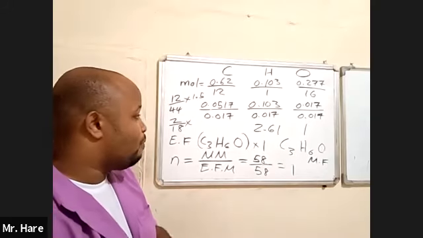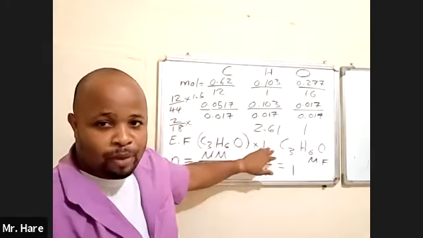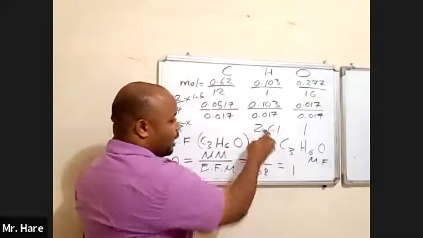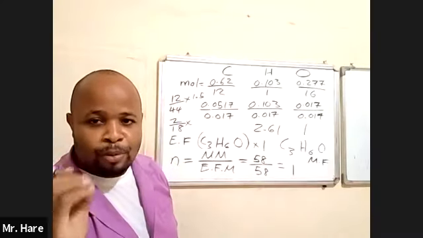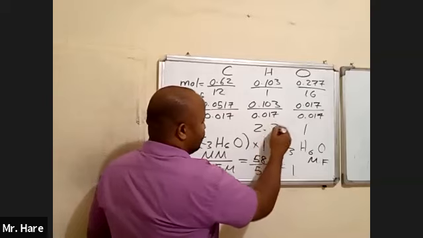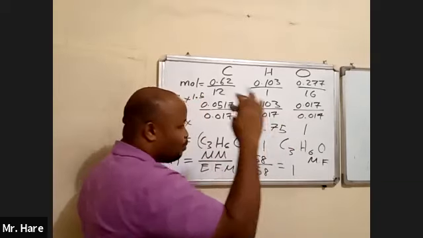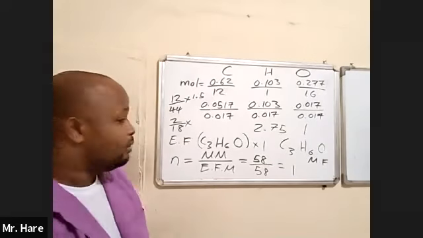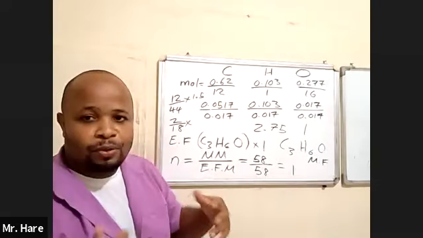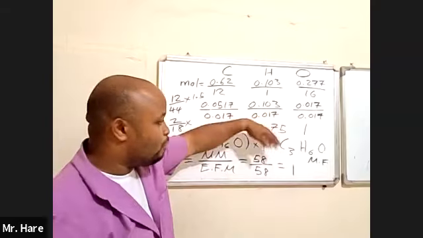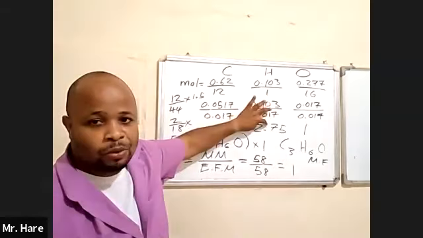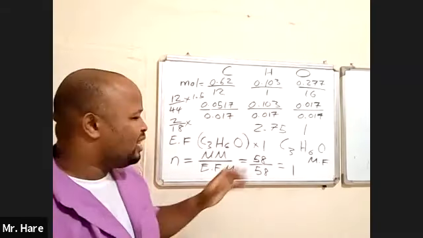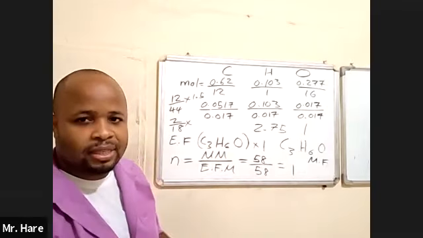That does not work for empirical formula. It must be close to a whole number for you to round up. So it must be at least say 2.75 or more. So 2.75, 2.8, 2.9, that is when you can round up because it is close to 3. But anything like 2.5, 2.6, you don't round up.